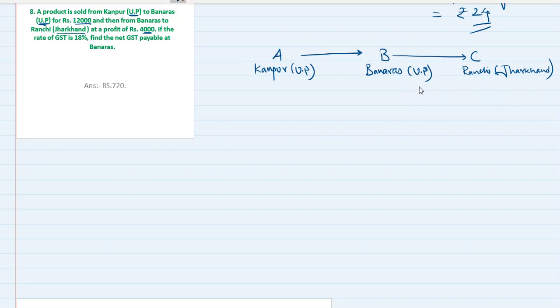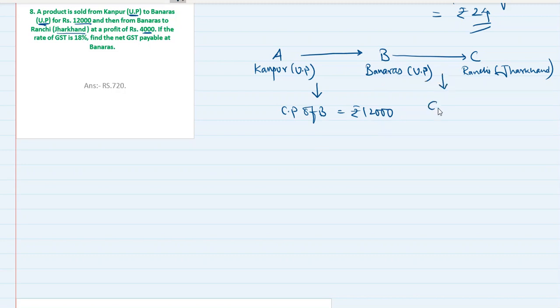Now, when the product is sold from Kanpur to Banaras, it is sold for rupees 12,000. So here the cost price of B is rupees 12,000. The cost price of the product for the person in Banaras is rupees 12,000. And when the same product is sold from Banaras to Jharkhand, it is sold at a profit of 4,000.